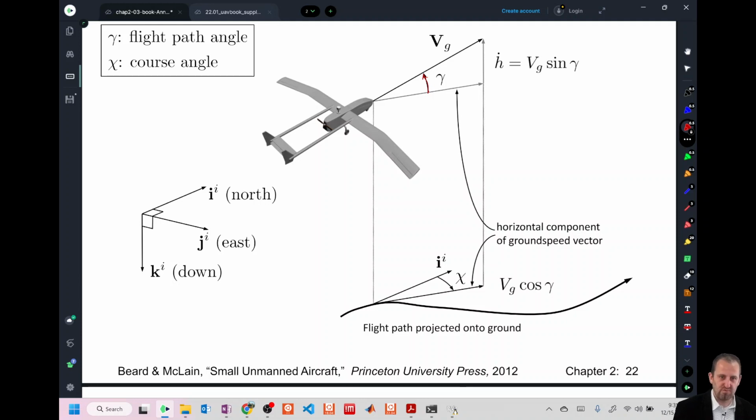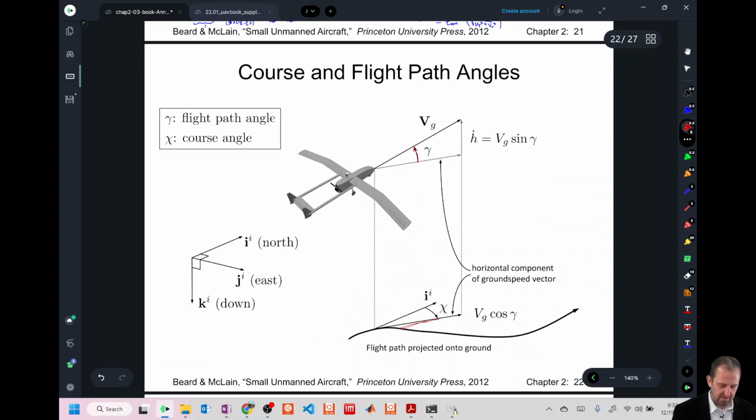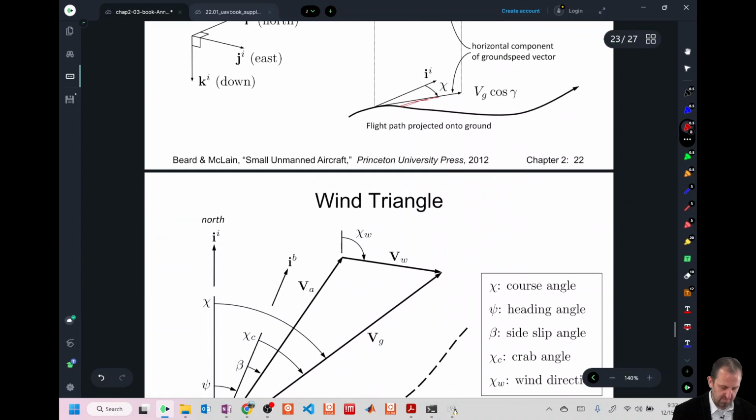We're projecting V sub G. So if we project V sub G onto the east-north plane, so the vector that the vehicle's actually traveling, then we measure our course angle based on the angle from the north axis, I, to the direction we're traveling. Okay. So that's how we define our course and our flight path angles.